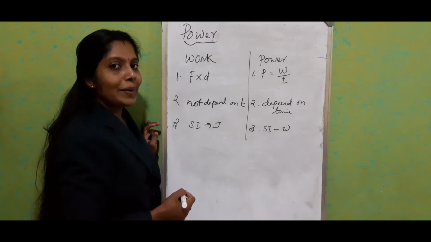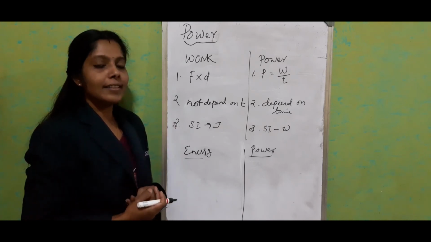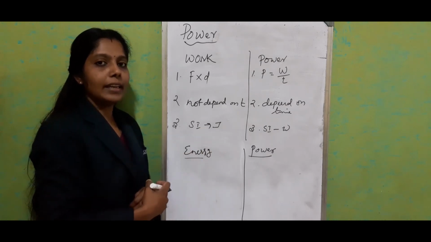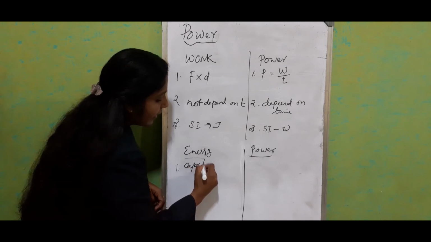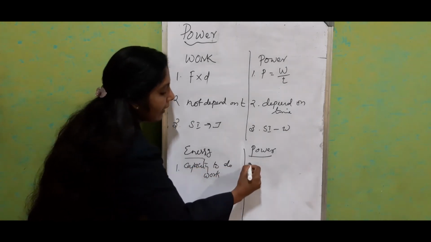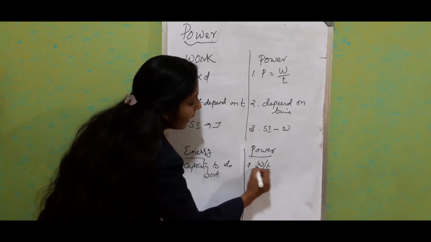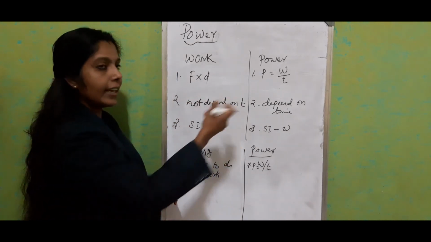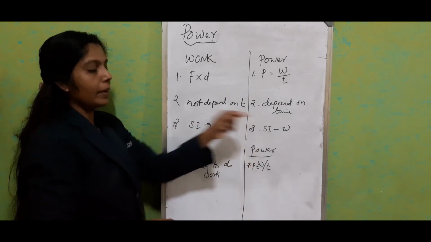Let's see the difference between energy and power. If you compare and study, both differences are easy to study. First, energy is the capacity to do work, while power is the rate of doing work, W by T. Second, energy does not depend on time, while power depends on time.